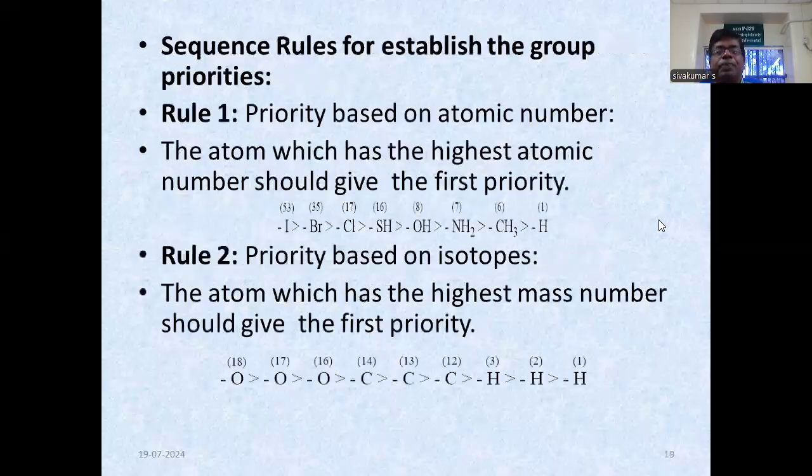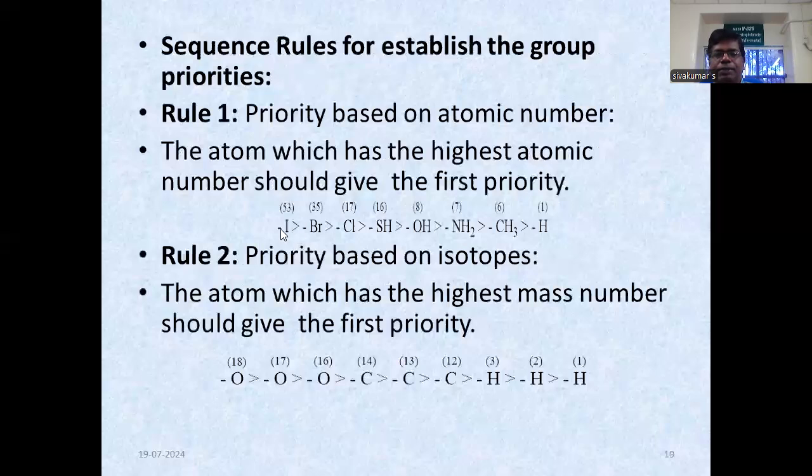So here the rules are formulated and they are called sequence rules. The sequence rules are used to establish the priority. That means the chiral carbon is attached to 4 different atoms or groups. Therefore, a question arises: which element should be given the first priority?